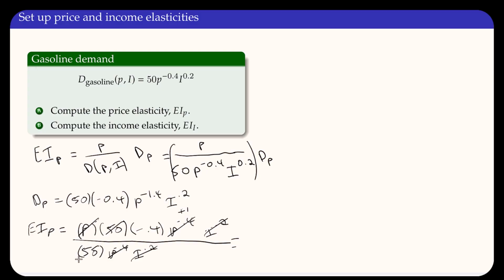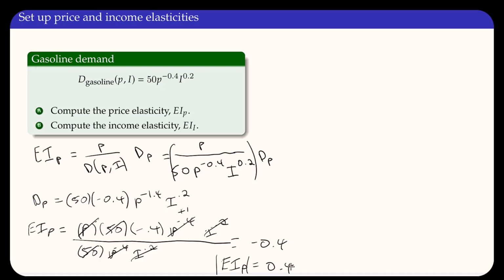The 50 cancels, and we're left with an elasticity of negative 0.4. Or if you think of how you might have learned it in your microeconomics class, economists sometimes take the absolute value and write it as 0.4. But we don't need to do that. That's just a convention. It doesn't change the answer.